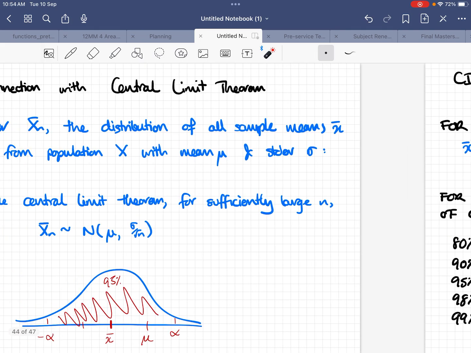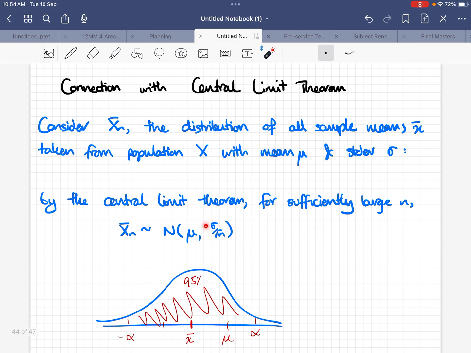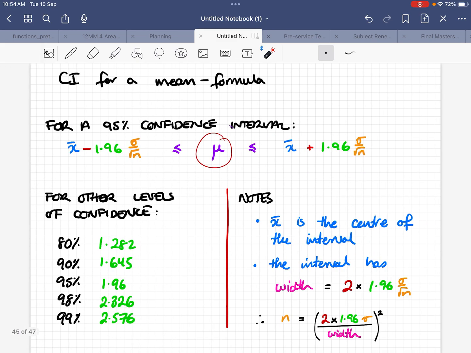That's coming from, back here, the standard deviation of the sampling distribution. We've basically got the same thing sitting over here on the right, but instead of taking away this 1.96 sigma over root n, we're adding it on. And that's all it is.